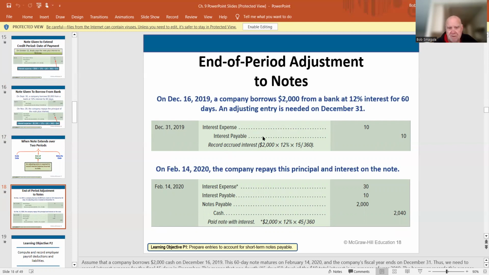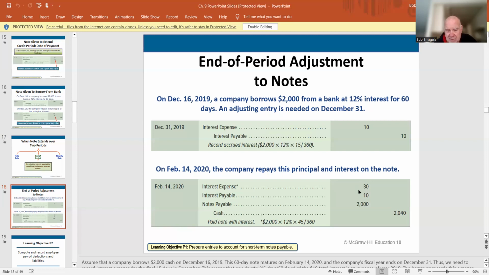That gets us started. Now we're paying the note back. We're going to debit the note payable for $2,000. We've got the $10 that we already accrued from last year. We debit that, and the remaining $40 was accrued up until the payment of the note in February, another $30, okay?